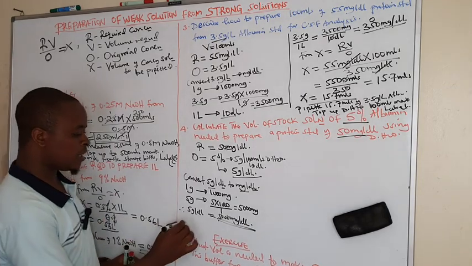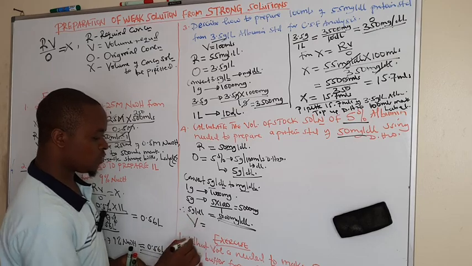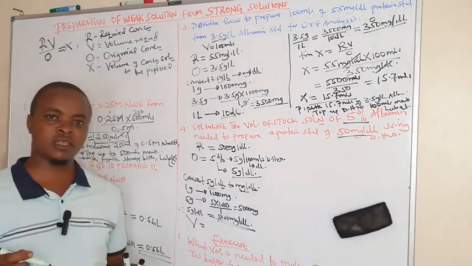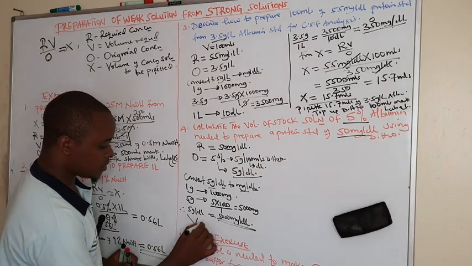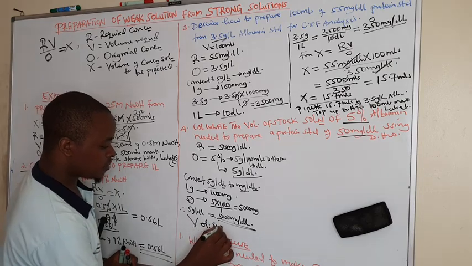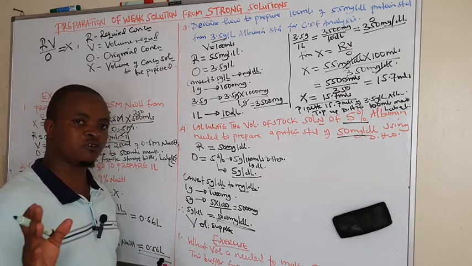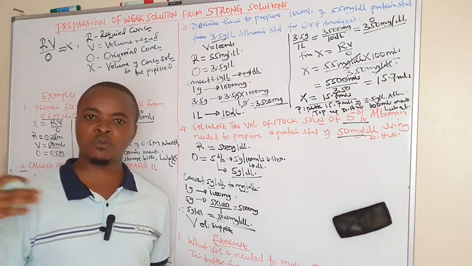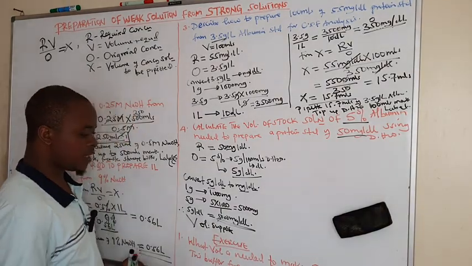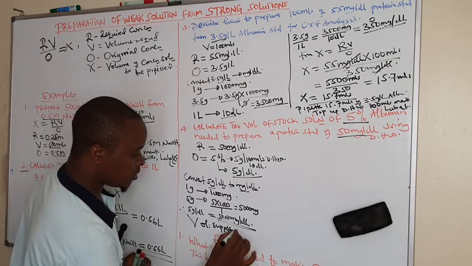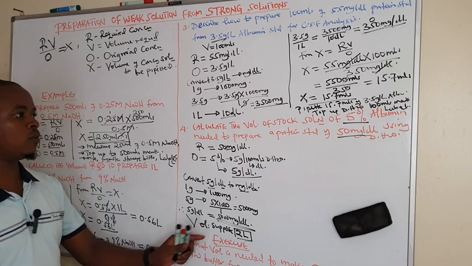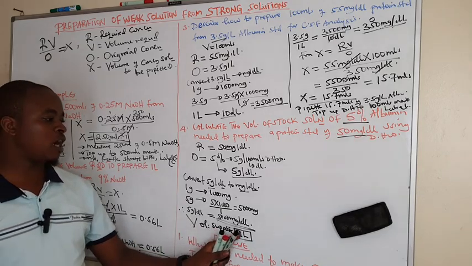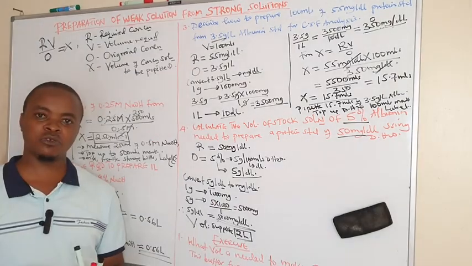Then the required volume is not given in this question. So when it is not given, we can suppose, according to my laboratory where I work, I want to prepare maybe 2 liters. Suppose I want to prepare 2 liters. It is not in the question, but you cannot calculate without knowing the volume you want.